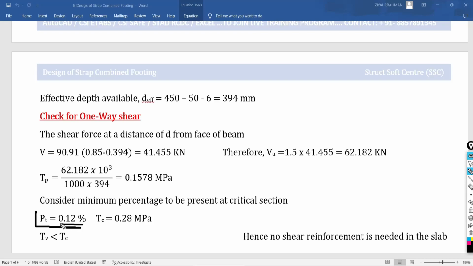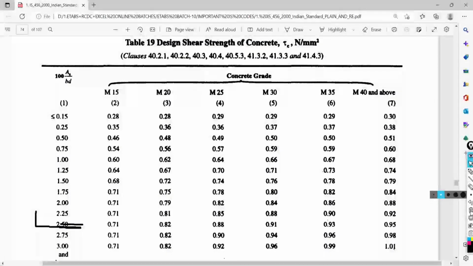For that 0.12% of reinforcement, how much critical capacity is there? You need to look at IS 456-2000 table number 19. Let me show you. Have a look at table number 19, design shear strength of concrete tau c. For percentage of reinforcement equal to 0.1% or less, and for the M20 grade of concrete, the value of tau c will be 0.28 MPa, or Newton per mm square.